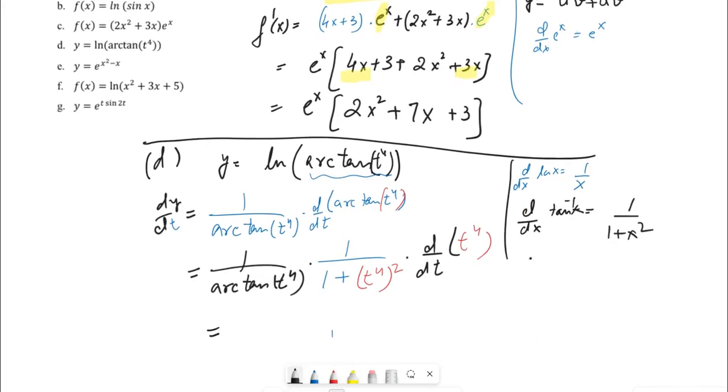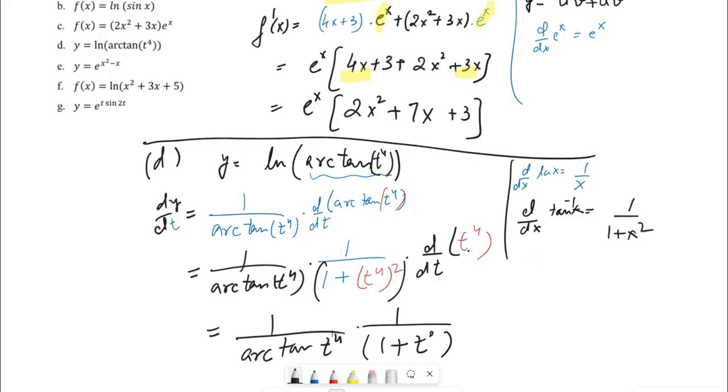And that can be done using the power rule. So we have our answer: arctan t to the 4 in the denominator times 1 by 1 plus t to the power 8 times 4t cubed. You can collect it all together to write it nice and compact.